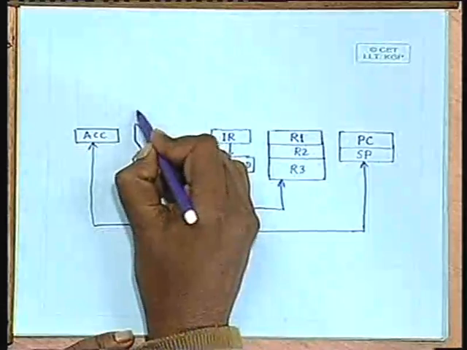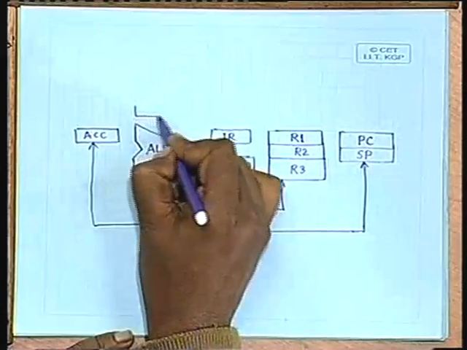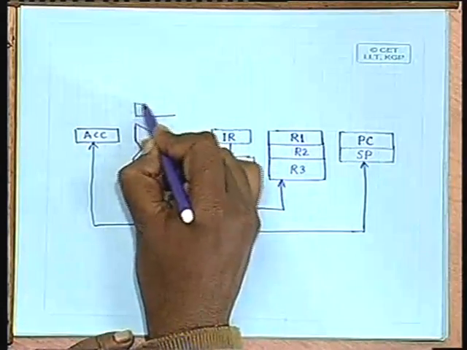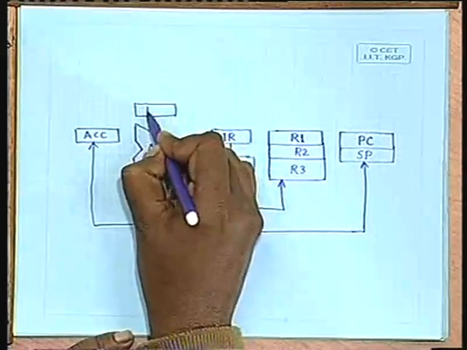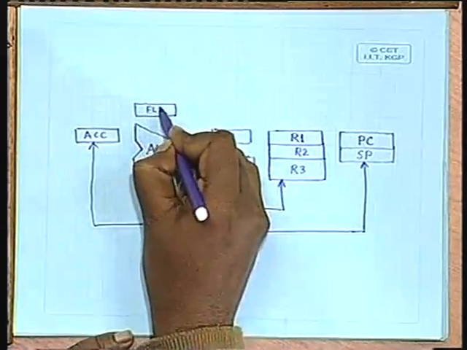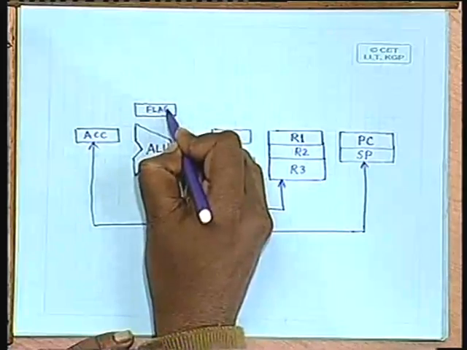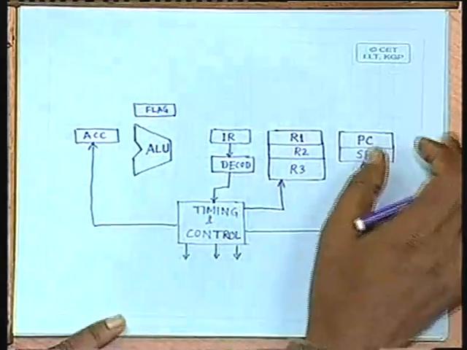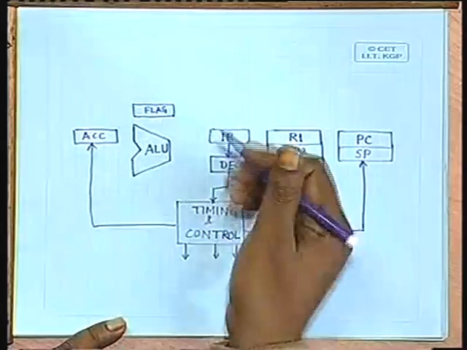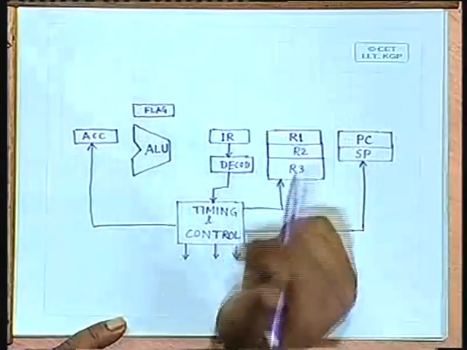So, I have to have some resource in the CPU which can save the status of the CPU, or the nature of the output after execution of any arithmetic logic operation. These resources are called flags, which save the status of execution of arithmetic or logical operations.